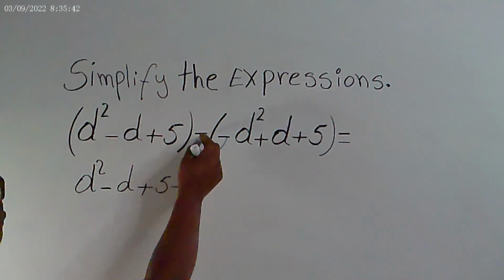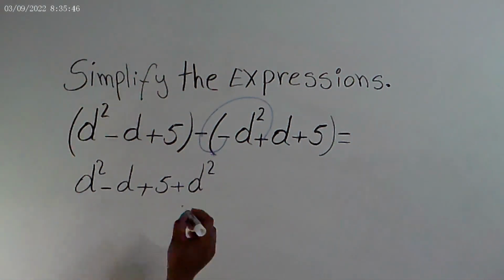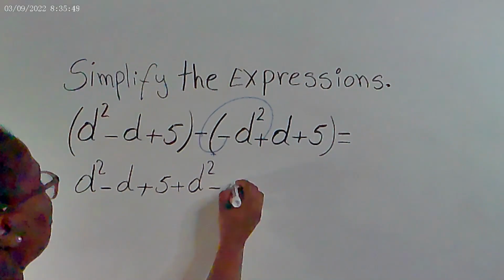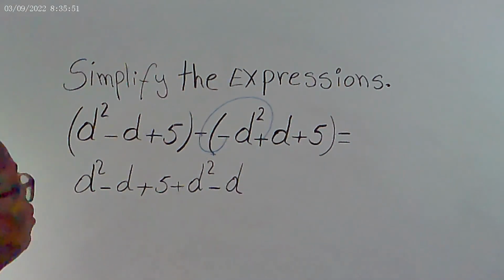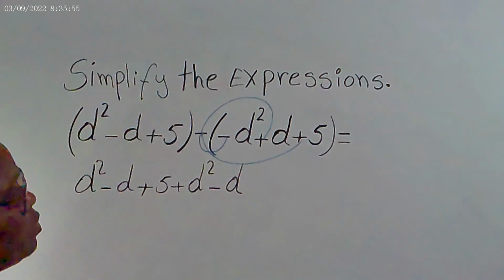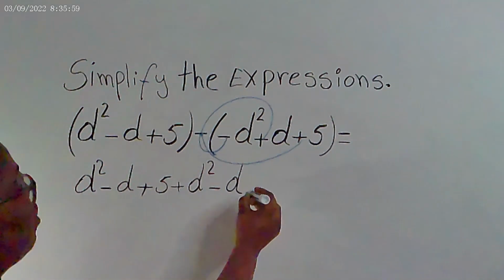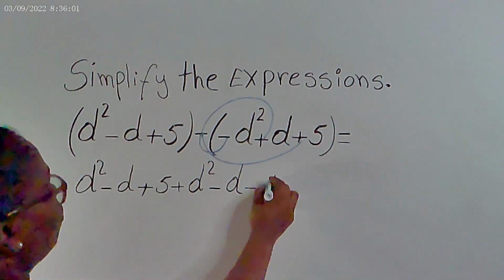A minus times a plus gives you a minus. So you have a minus d. A minus times a plus gives you a minus. So we have minus times plus 5 gives you minus 5.